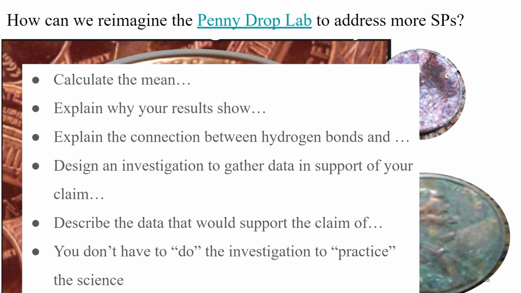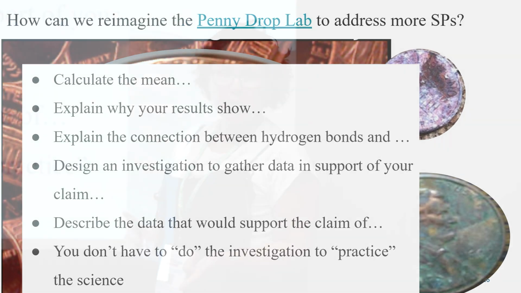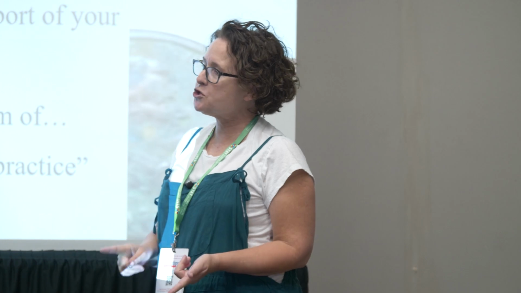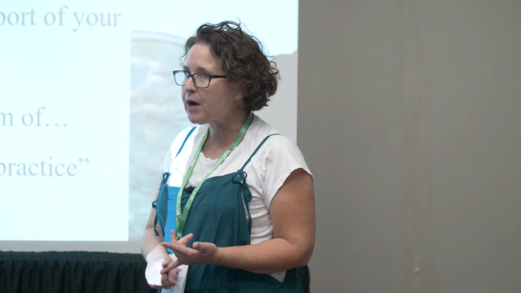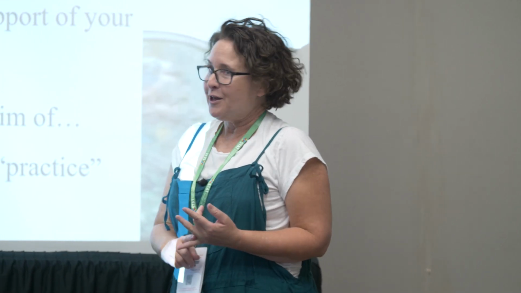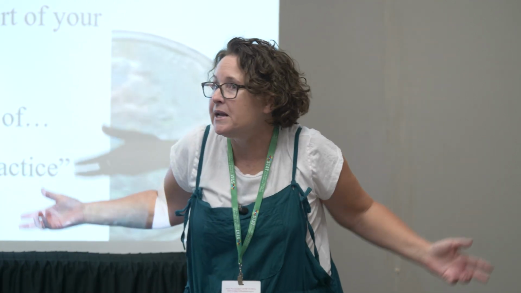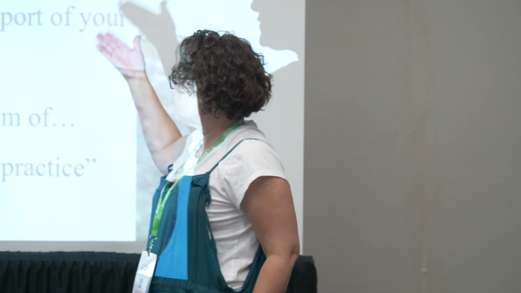Have them make a prediction at first, and then calculate the mean from those 3. I ask them to graph their mean data, which is also kind of fun because they have to determine when it's appropriate to use a bar graph versus a line graph. They don't always know that. We need to practice that with them, so I have them do that.